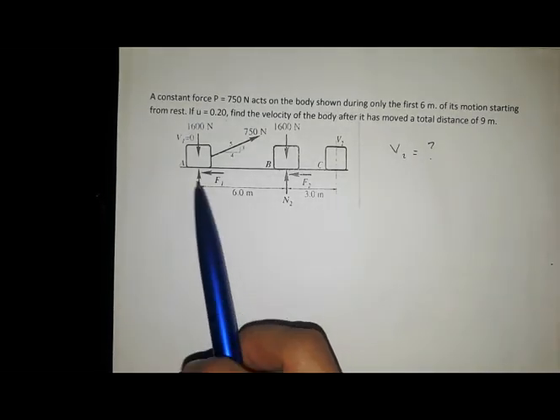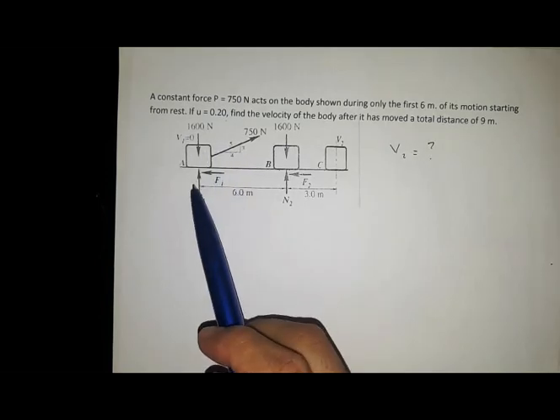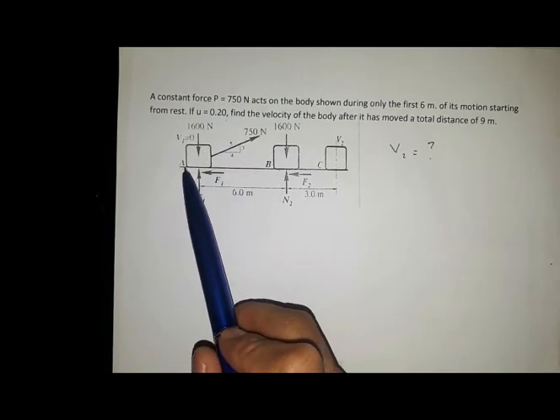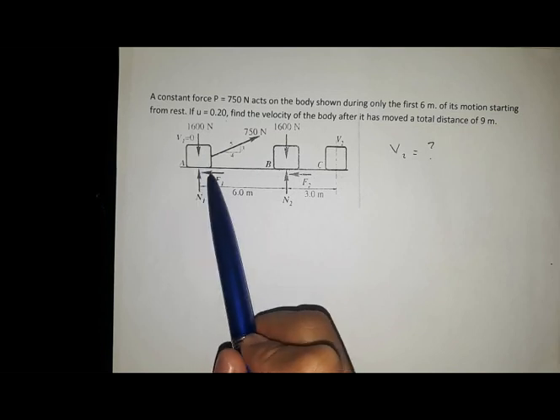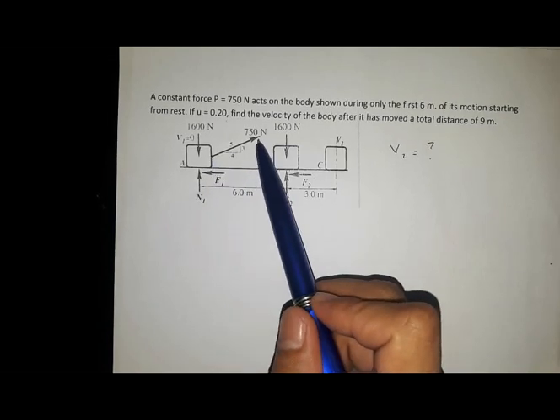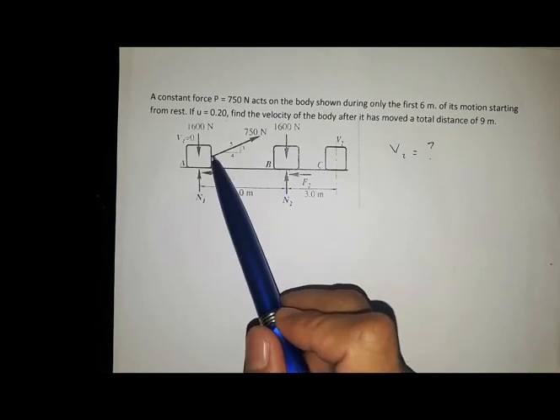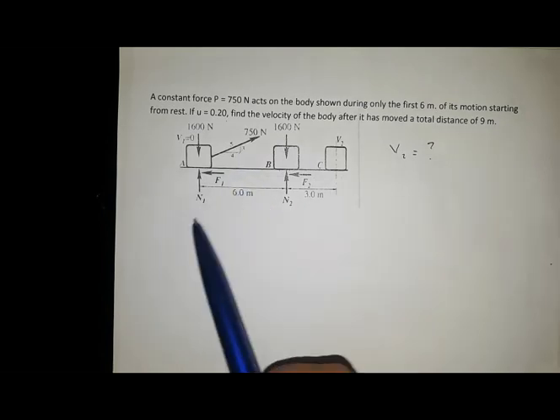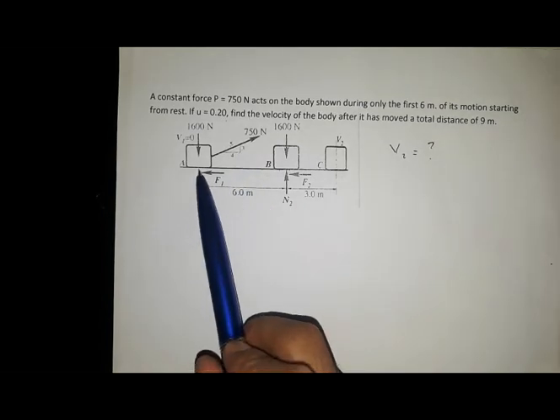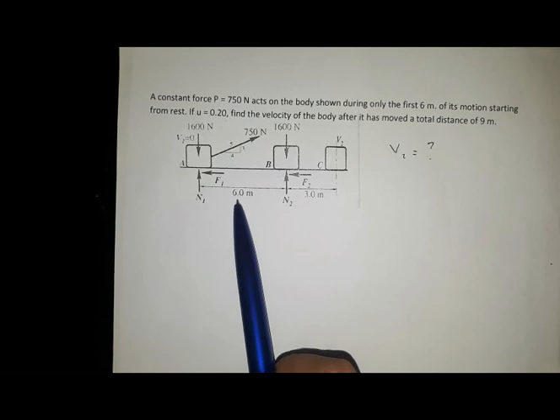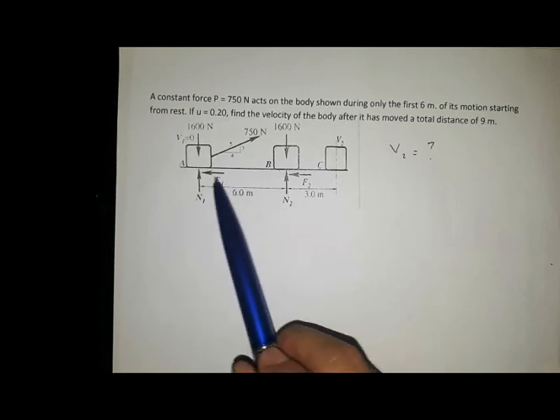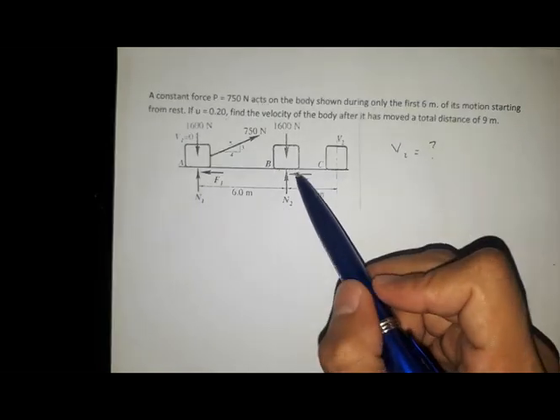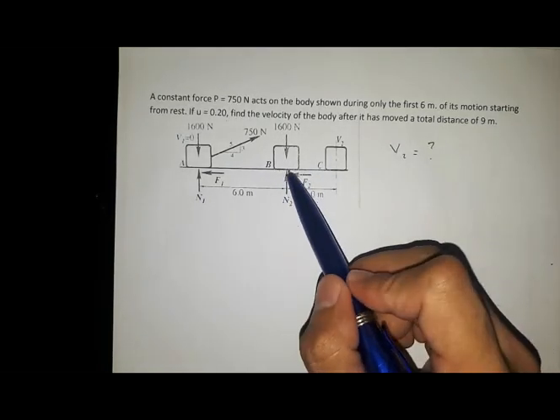So we have here a given free body diagram. The body or the system starts at rest, and then a force of 750 newtons is applied. A displacement of 6 meters is observed after the applied force.